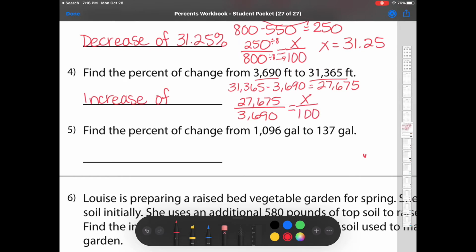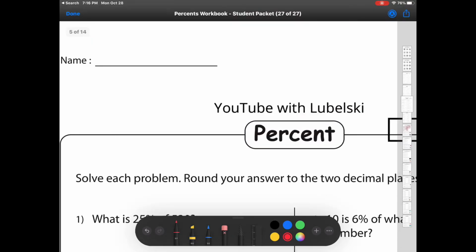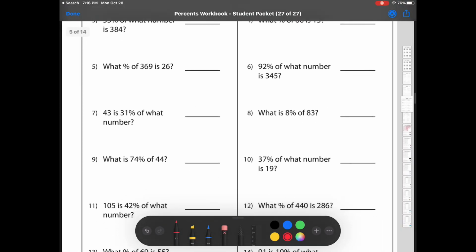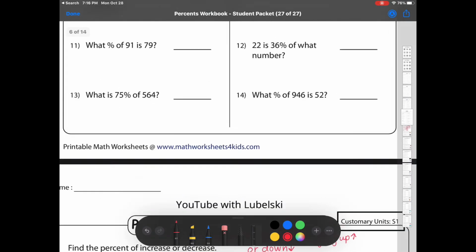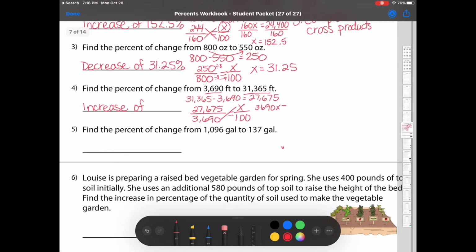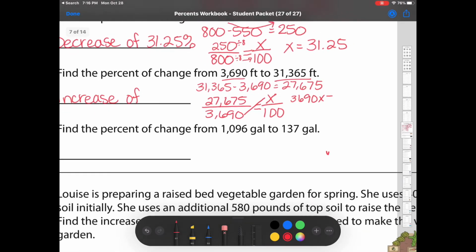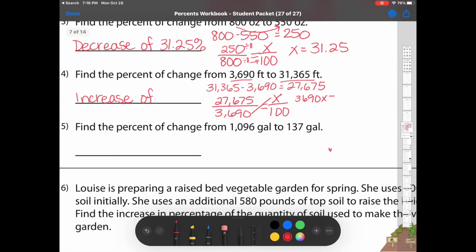So again, with the cross products, we're going to do 3,690 times x. It's going to be equal to 27,675.